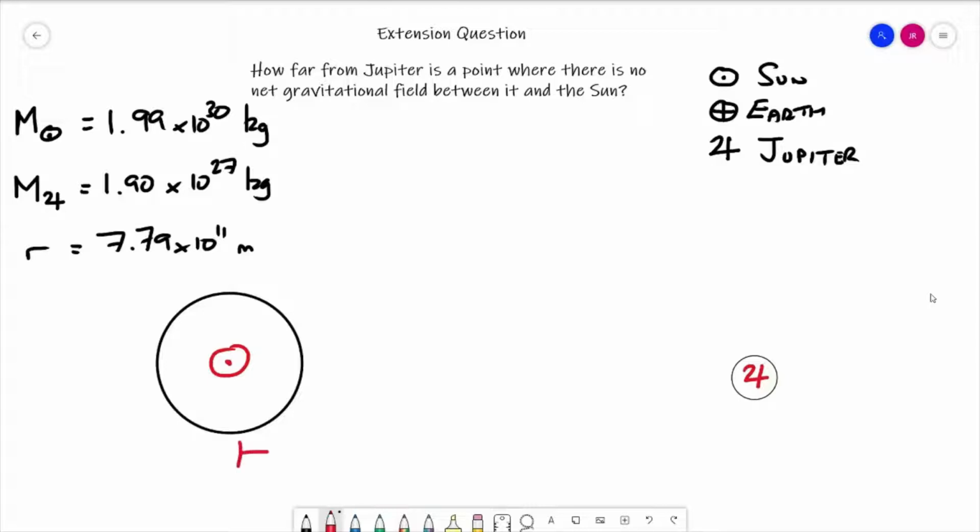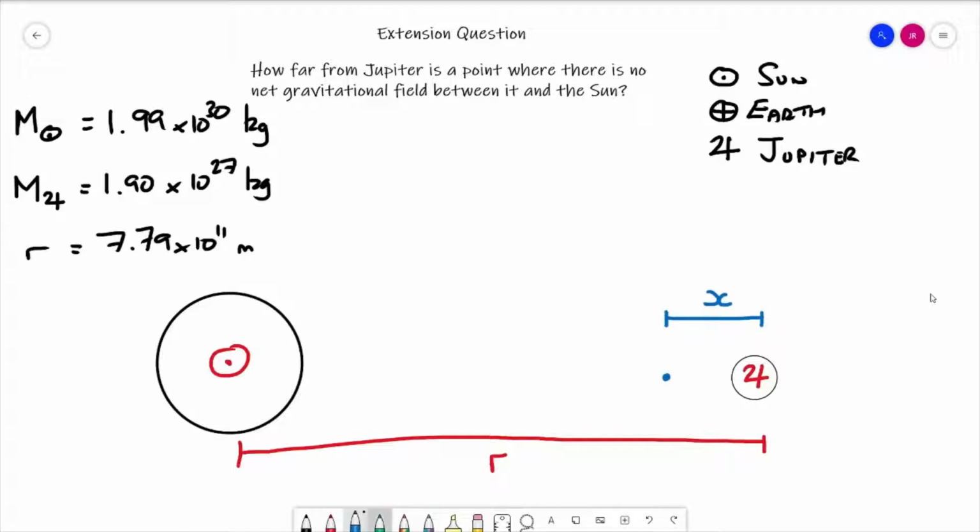We know this distance here is 7.79 times 10 to the 11, but at the moment I'm just going to label that as R, and you'll see why later on. Now this point where there's no gravitational field strength will lie roughly there, and what we're being asked to do is to calculate that distance there, which is x.